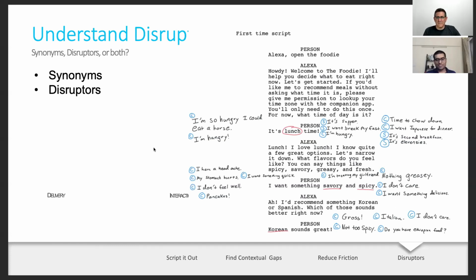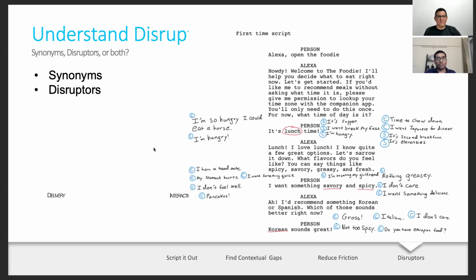By the end of this session they have a full script, which is really messy, and that's perfectly fine. That is the nature of conversations. Conversations can be messy. Conversations can go in different ways.